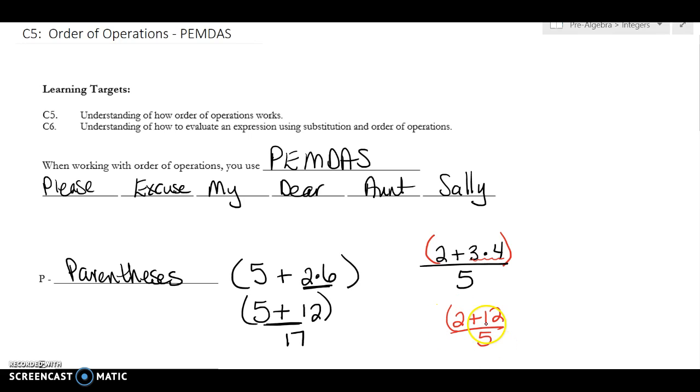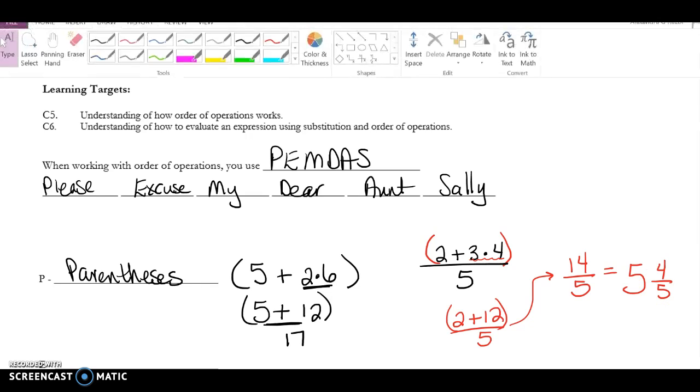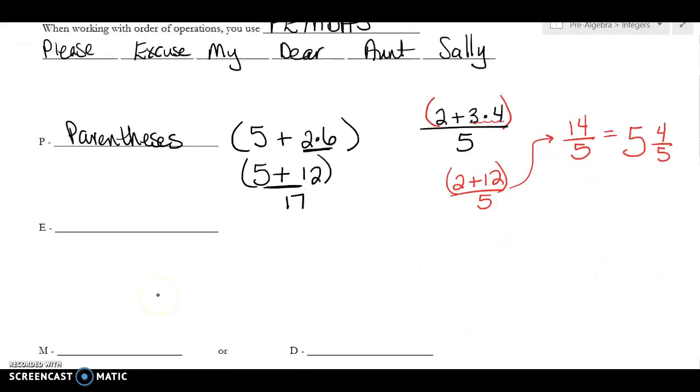And then I still have this parentheses here because there's still operations to do. And so 2 plus 12 is 14 divided by 5. And so that would be our answer, which is what? 5 4/5. Okay, but again, a fraction also can be parentheses, so you might have to put it there so you remember. The next operation we have is E, and that is for exponents.